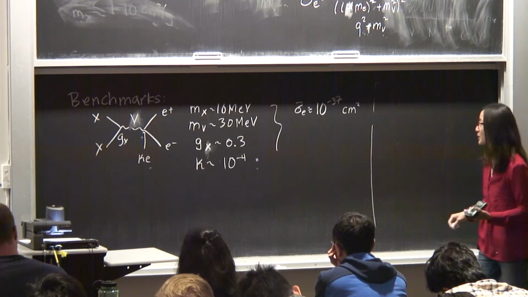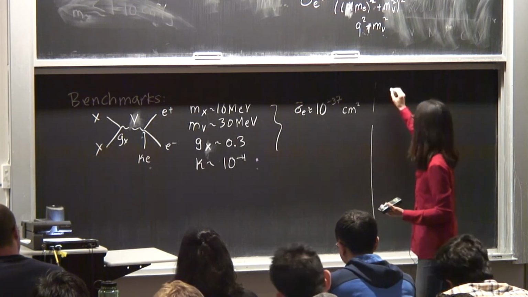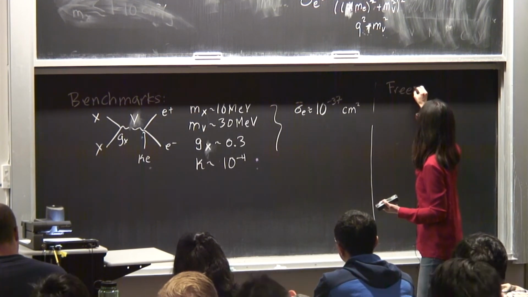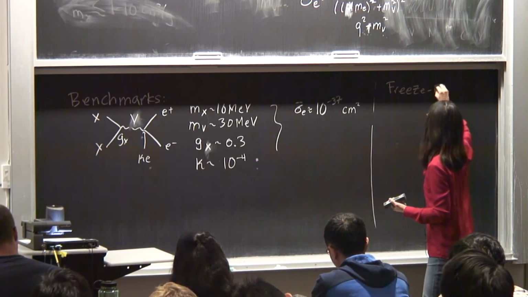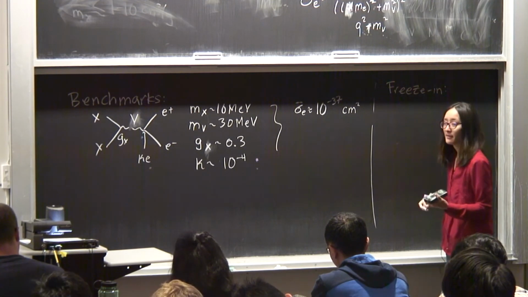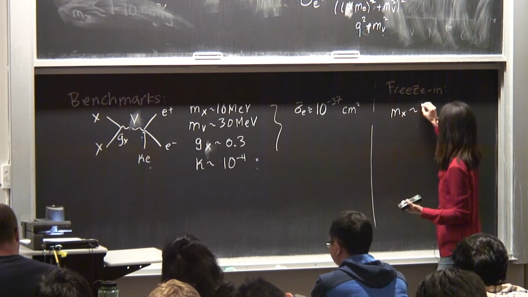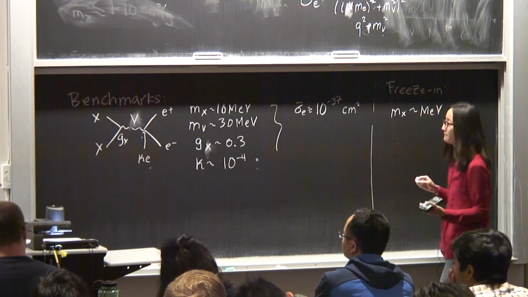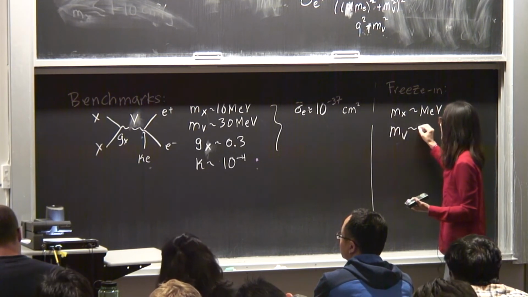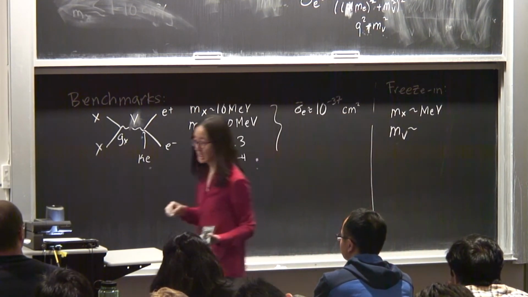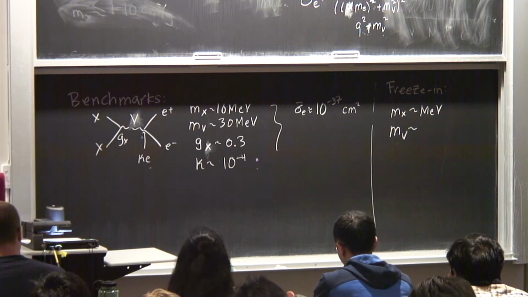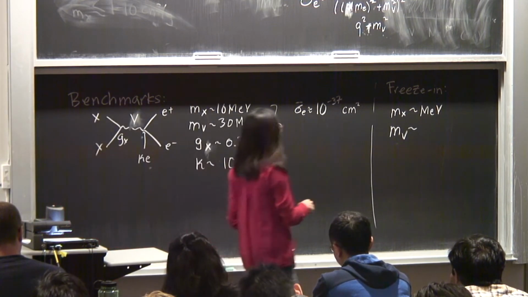The other benchmark in the last minute will be the freeze-in benchmark. m_X is still around an MeV. The dark photon mass now is very, very light. What did I pick? 10 to the minus 12 eV.